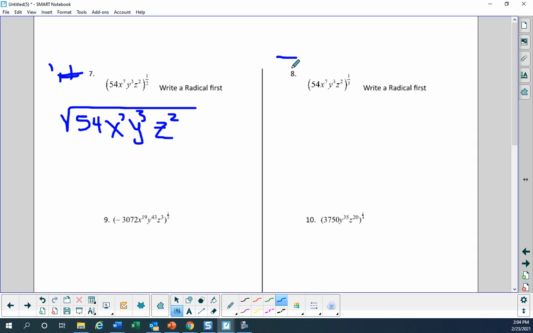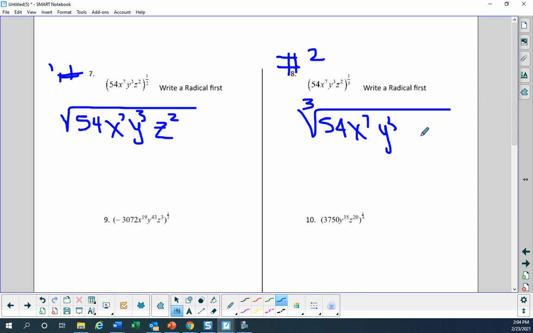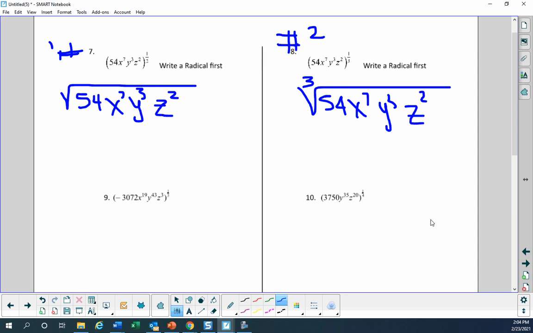And this is the same answer as number 2. It's the same thing, right? If you look at what we did, it's the same thing. This is the cube root of 54 x to the power of 7 y to the power of 3 and then z squared. Whatever you got for number 2 would also be the answer here.